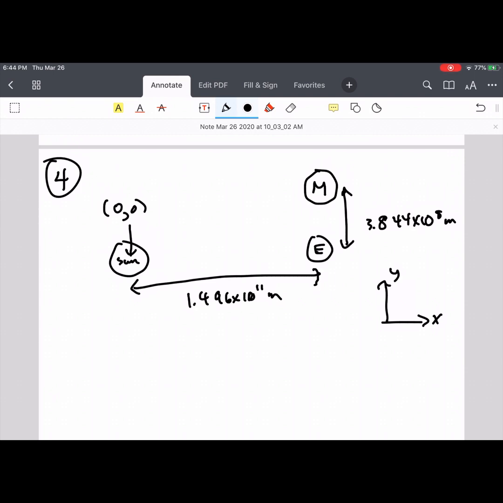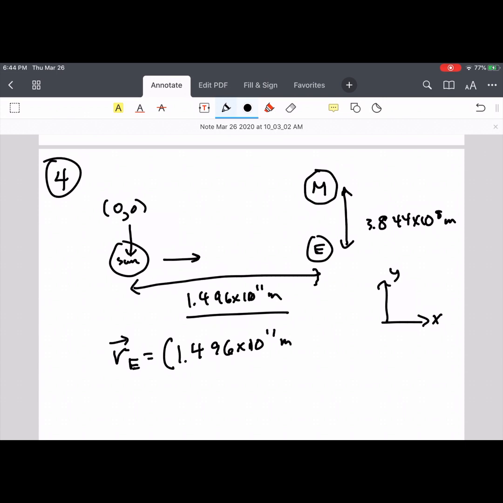So the sun is at 0, 0, or more accurately, its center of mass is at 0, 0. The earth has a position which is 1.496 times 10 to the 11th. Is that in the x or the y direction? It's in the positive x direction, so we're going to the right. That's positive x, 1.496 times 10 to the 11th meters.